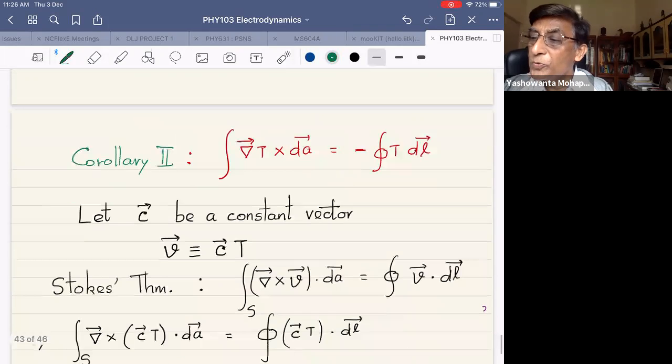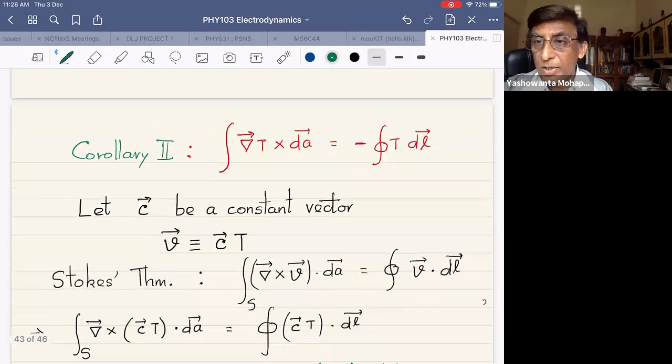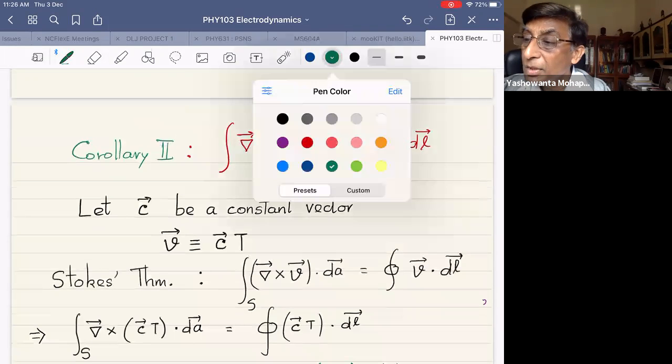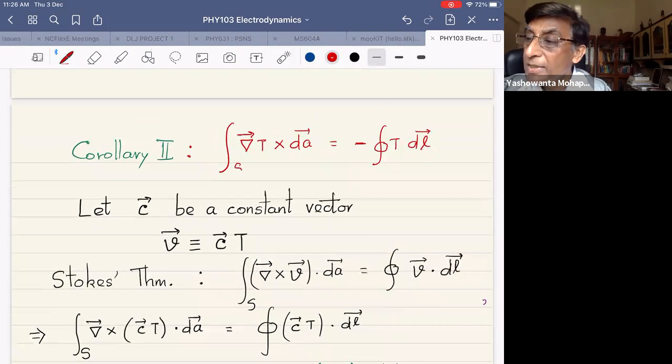What we have to prove is, now we had this over the surface S, and that converts into a scalar line integral of T dl. There's a minus sign here.